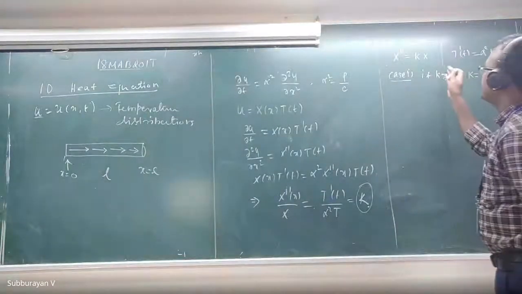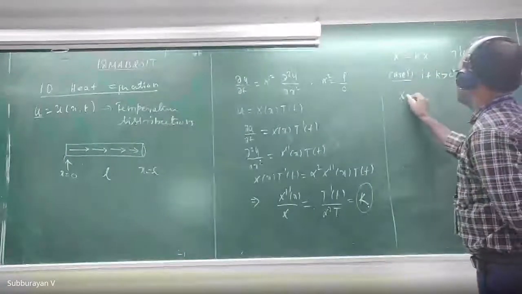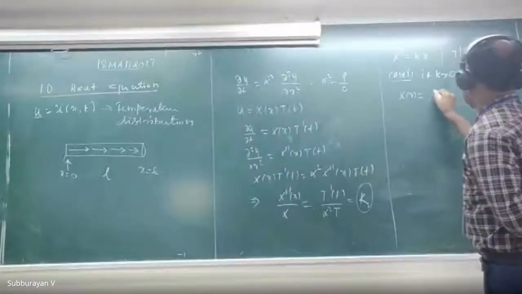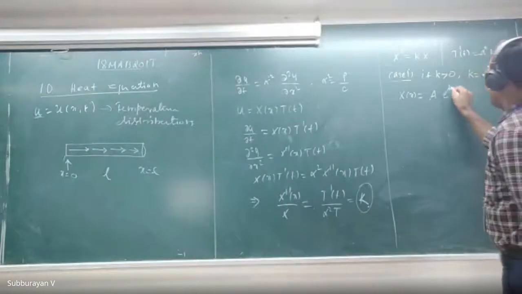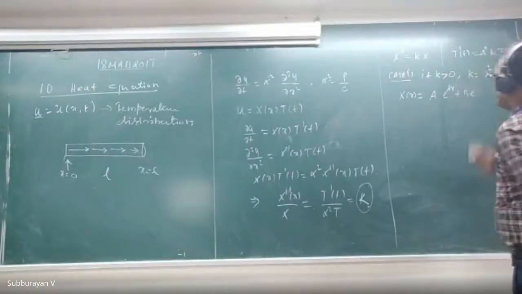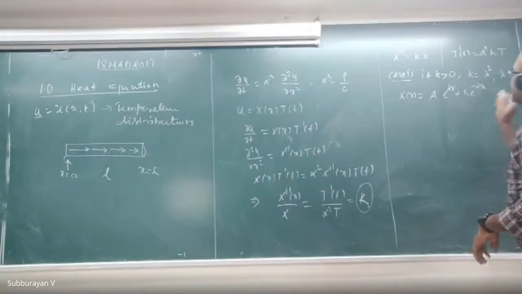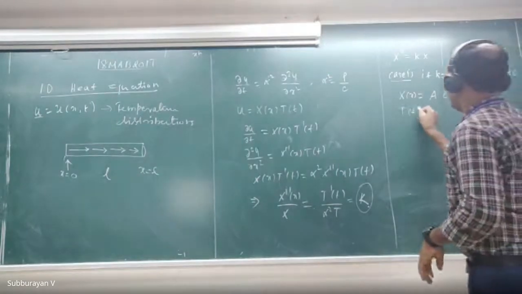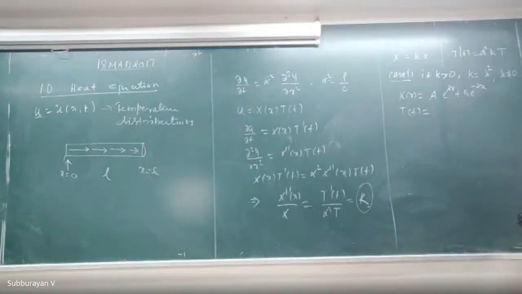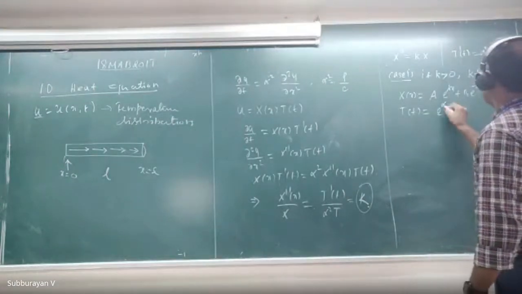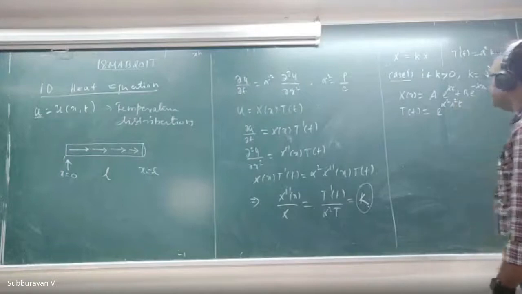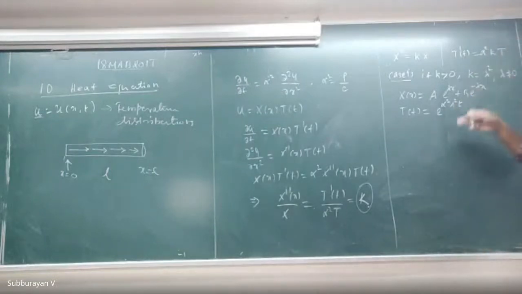If that happens, then our X(x) is going to be a into e to the power lambda x plus b into e to the power minus lambda x. And what is our T(t)? Our T(t) will become e to the power alpha squared lambda squared into t. Okay, you can verify it.